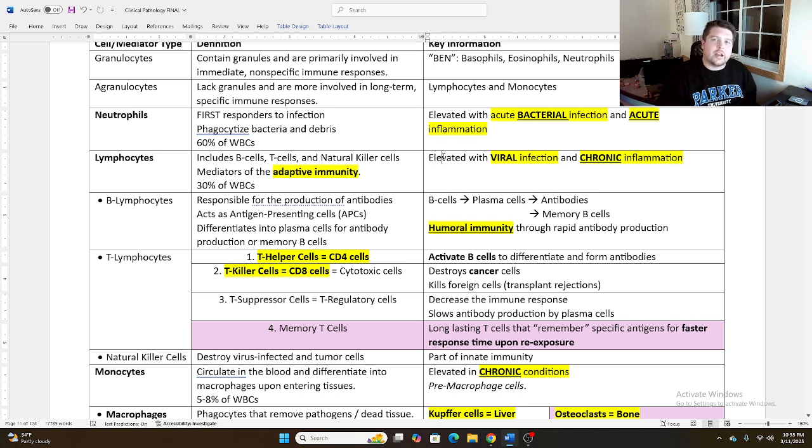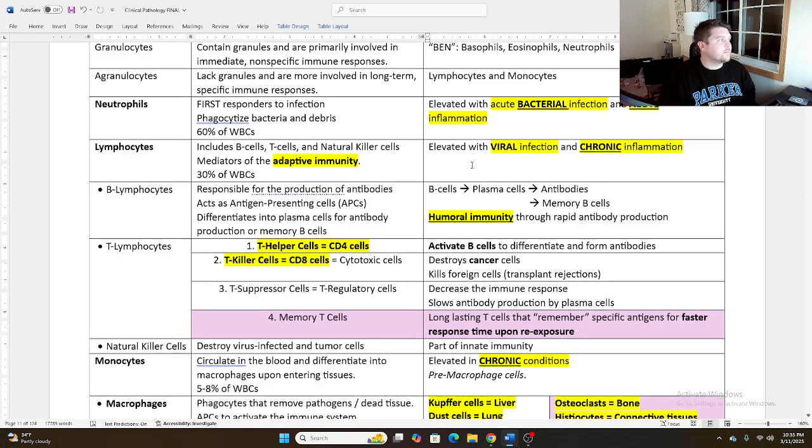Think about chronic inflammatory conditions like rheumatoid arthritis, lupus, anything that has to do with autoimmune conditions, Hashimoto's thyroiditis. Those types of conditions, we have lymphocyte involvement. Some type of virus or chronic long-standing inflammation, the lymphocytes get involved.